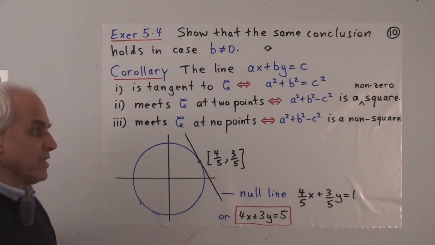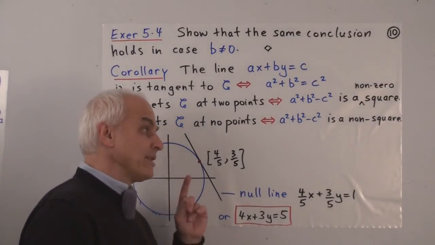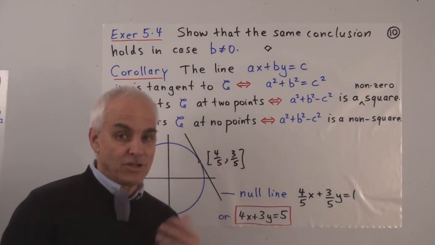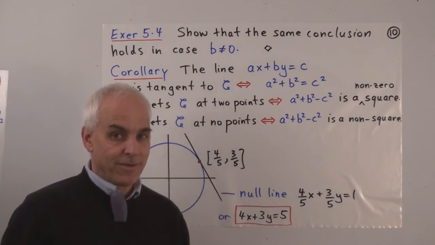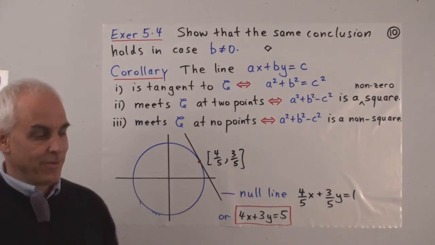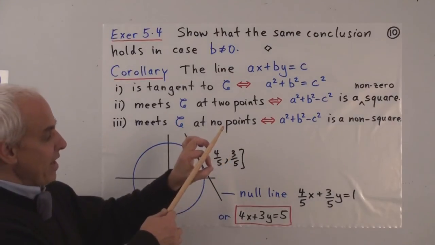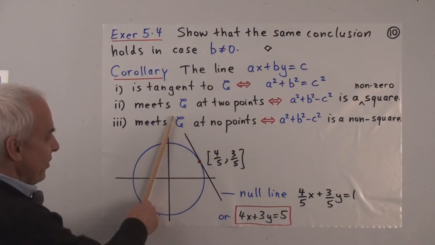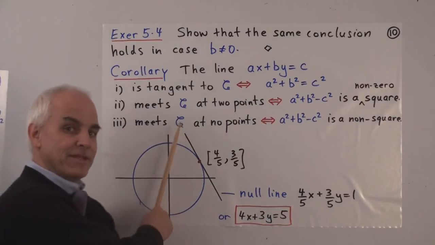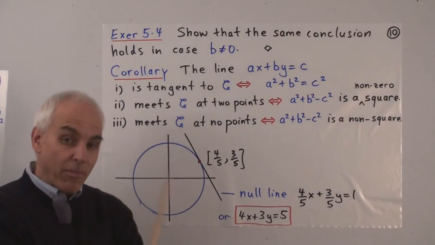So that might be, for example, when it's a negative number, but it might also be when it's a positive number, but just not a square. Remember, we're only working over the rational numbers. And it's possible for a line, say over here, to look like it meets the circle, but in fact it doesn't over the rational numbers.